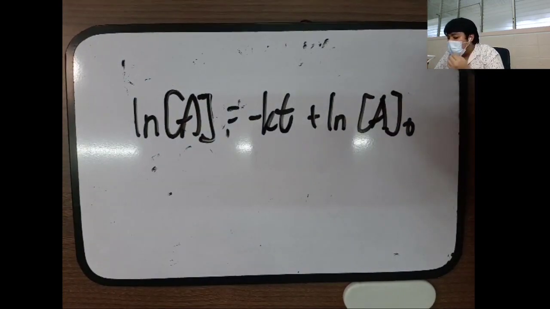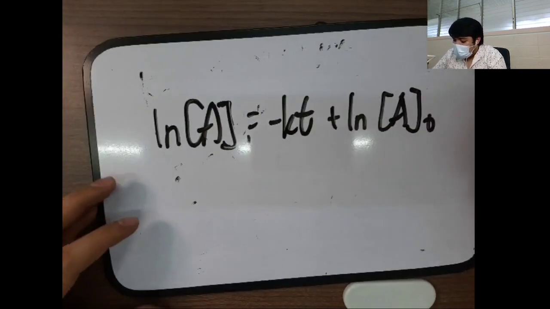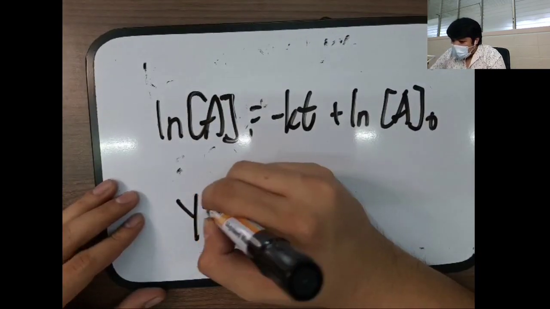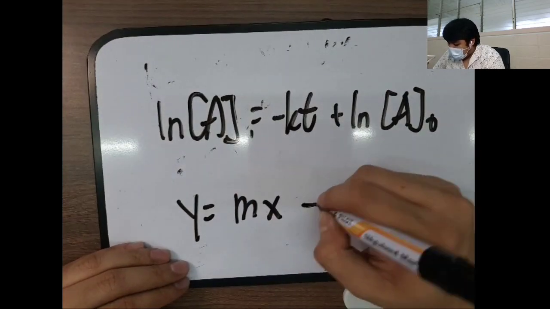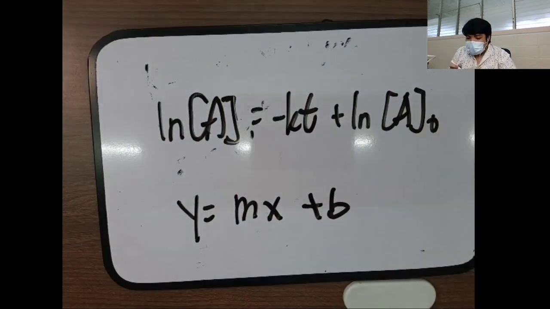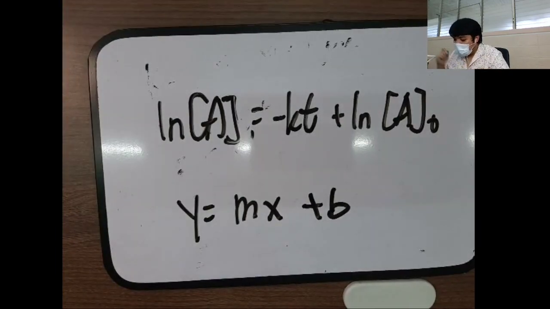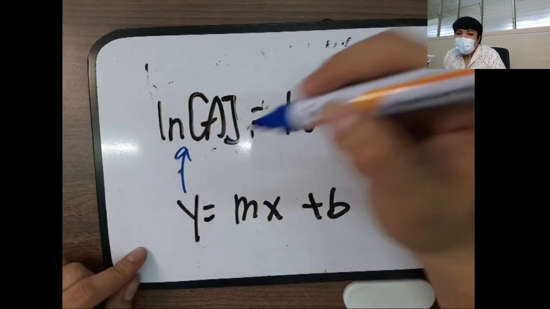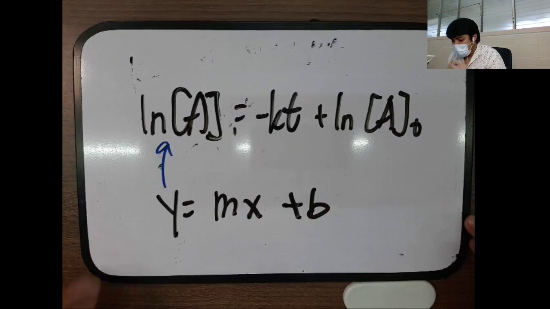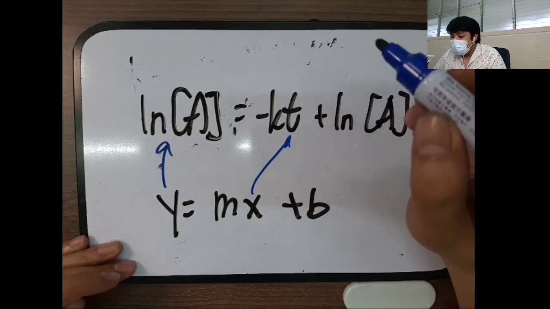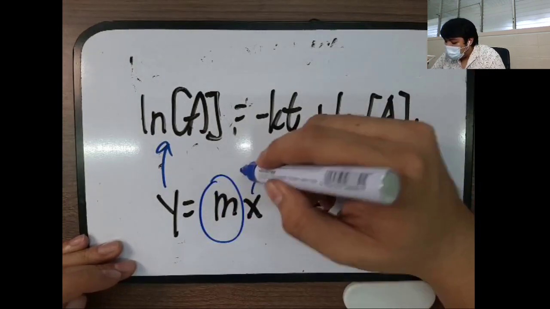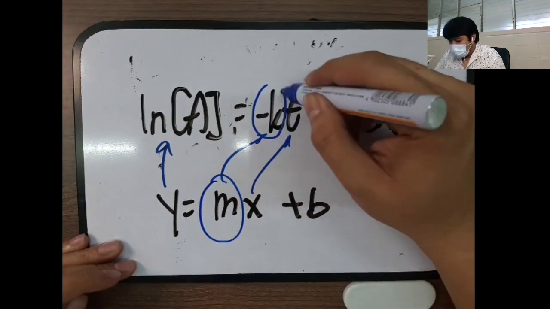So there, now this will be your equation of the line. So remember that y equals mx plus b. So your y will be the natural logarithm of the concentration, and your x-axis will be your time, and your slope will be your negative k.